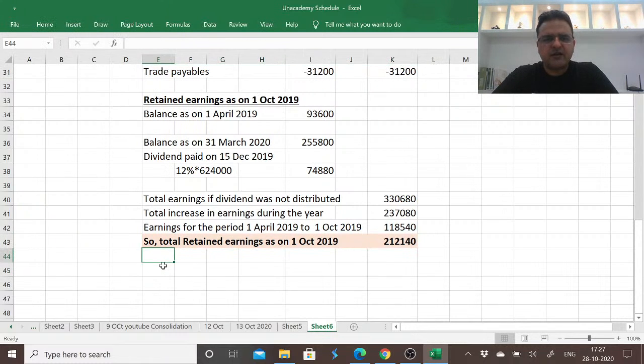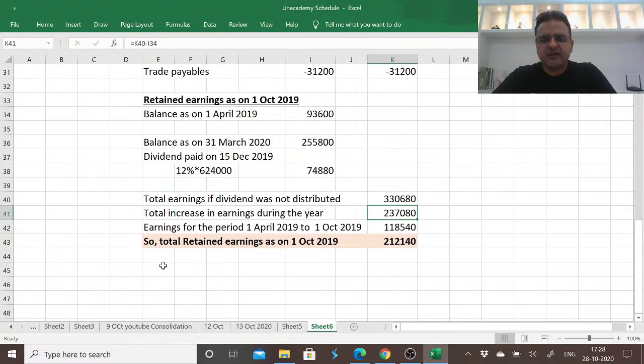The balance at the opening of the year, 1st April 2019, was 93,600. This is the balance at the end of the year. There is a dividend declared of 74,880. So that means total earnings during the year, if dividend was not distributed, is equal to 330,680. Till date this should have been the balance. So we get to know the total increase in comparison to the opening balance, which is increased during the year.